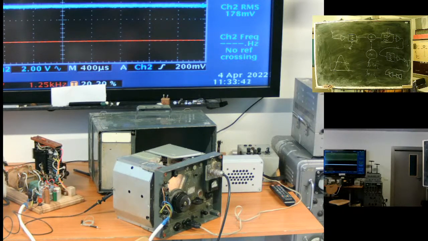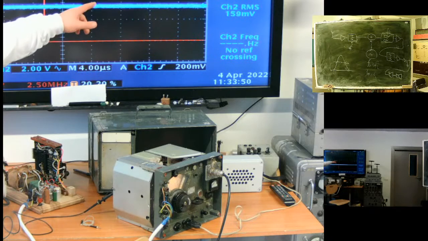We see an intermediate frequency signal. It should be 460, but I don't know, it's a scope error, or there is a bit of difference.